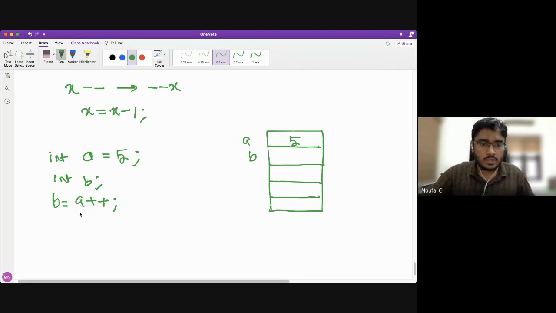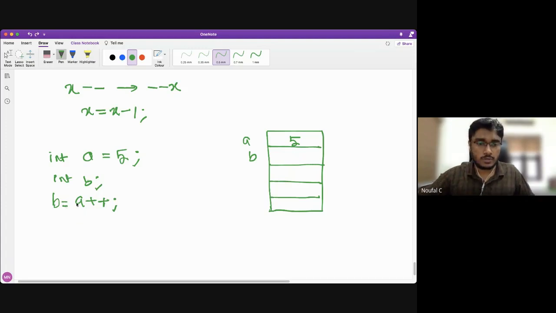take the value of A and assign that value of A to B. So the value of B will become 5. Let me repeat.